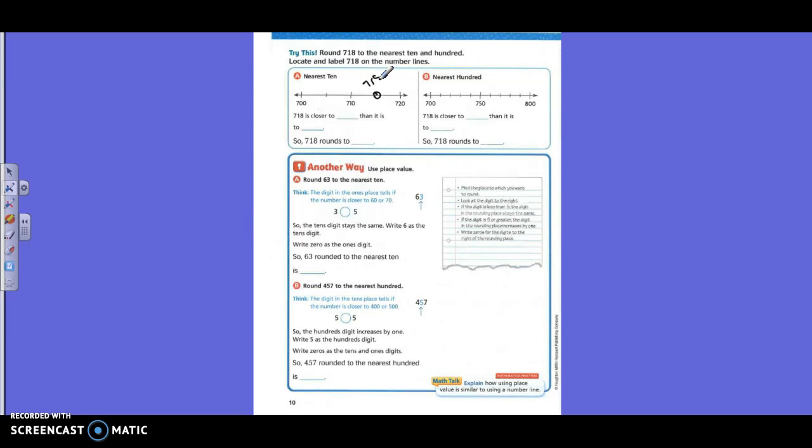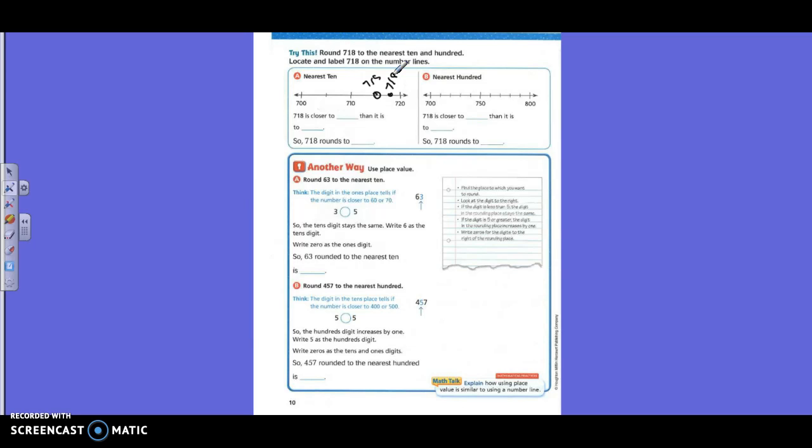So it would go in between those two, right? So we'll just put it right here. Put a dot. No, not right next to it, right in between. And write 718.